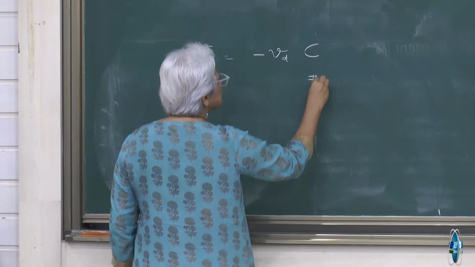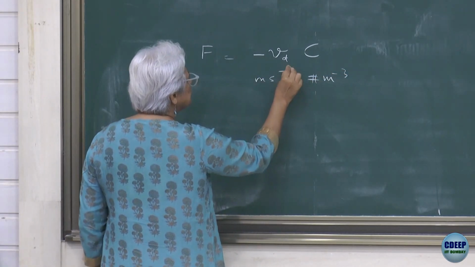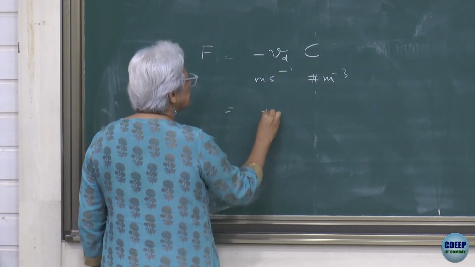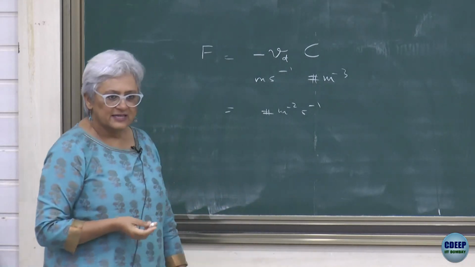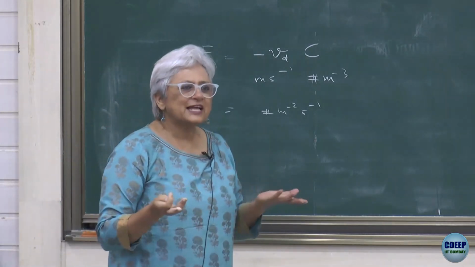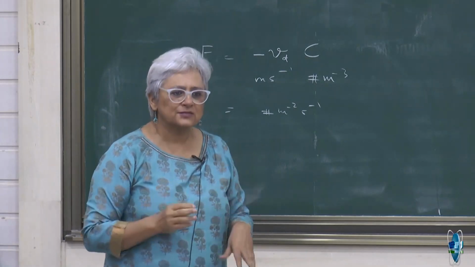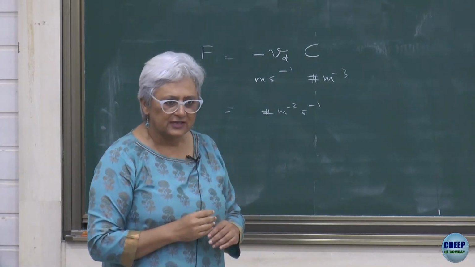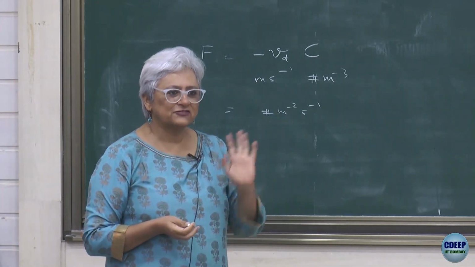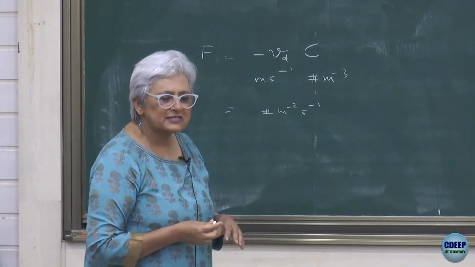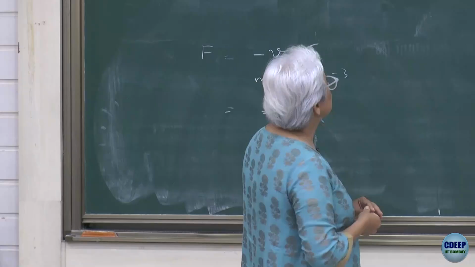If this is going to be a number per meter cubed and this is a meter per second, then you will have a number per meter square per second as your deposition flux, which then gets converted, depending on whatever you are talking about, to mass units, depending on whether the particle contains black carbon or sulfate or whatever it is whose flux you want to measure.